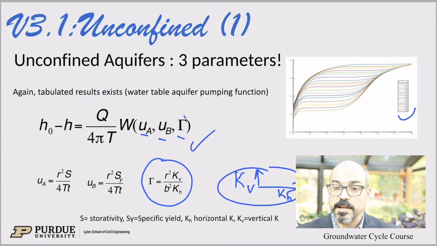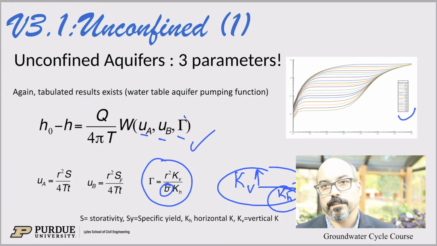So that gamma again gives us a little bit different information. Again, in order to get the horizontal hydraulic conductivity, you will need to know the aquifer depth.